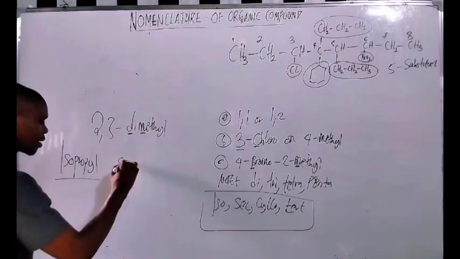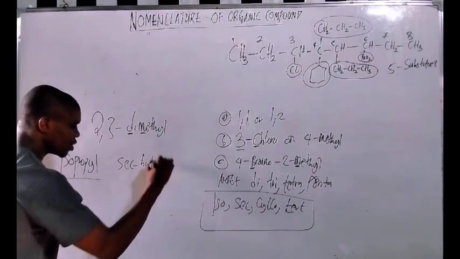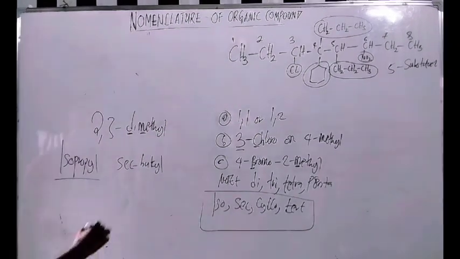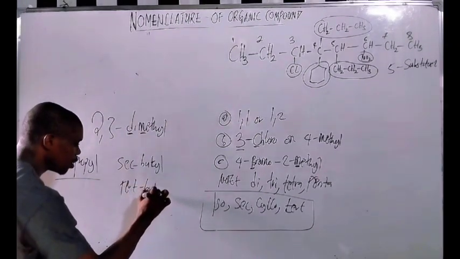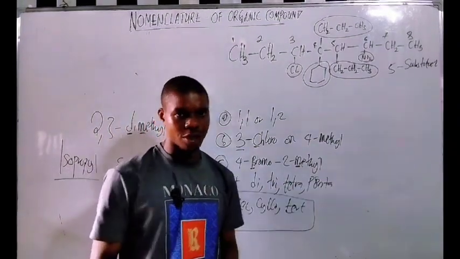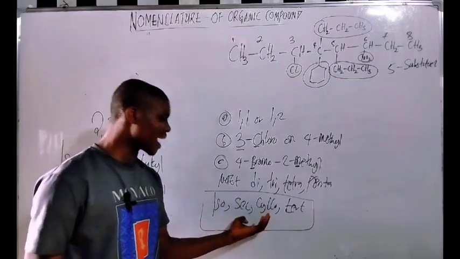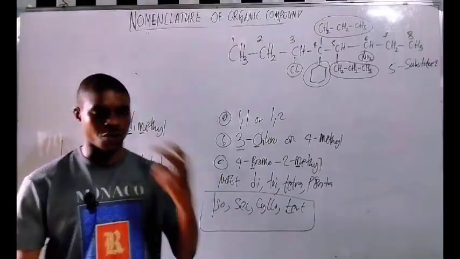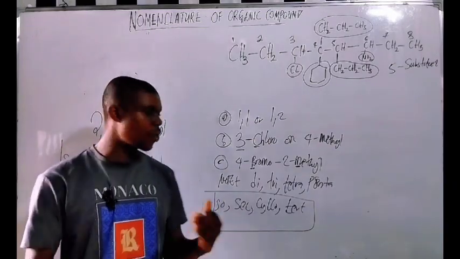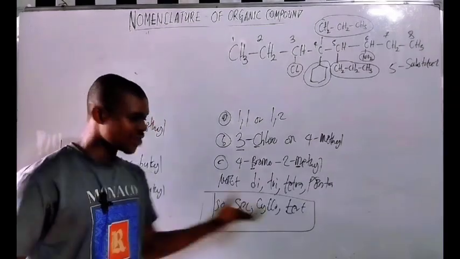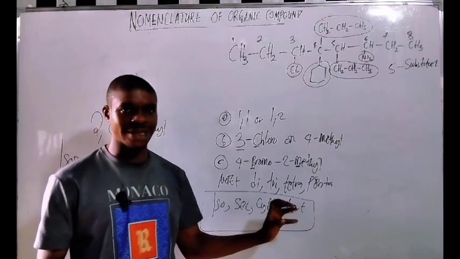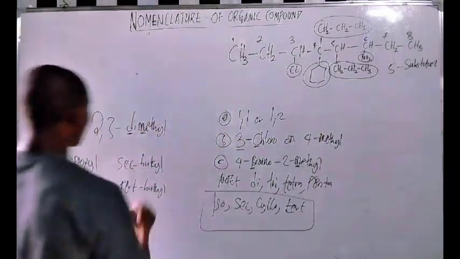For example, here we have sec-butyl, called secondary butyl. We also have tert-butyl. So please take note of this. The prefixes di, tri, tetra, penta are always ignored, but the prefixes iso, sec, cyclo, tert are not ignored in alphabetical order. These are things you need to keep in mind when you are naming and arranging substituents in alphabetical order. It's very important. Do you understand?